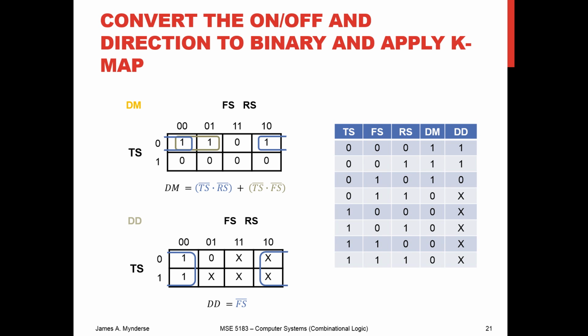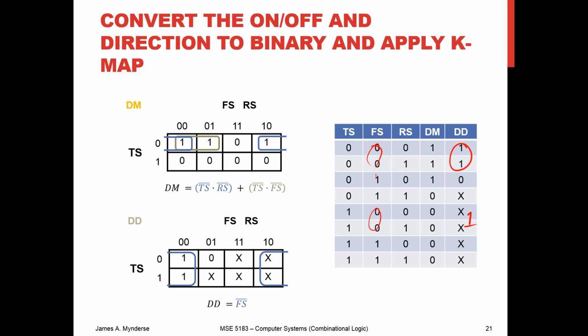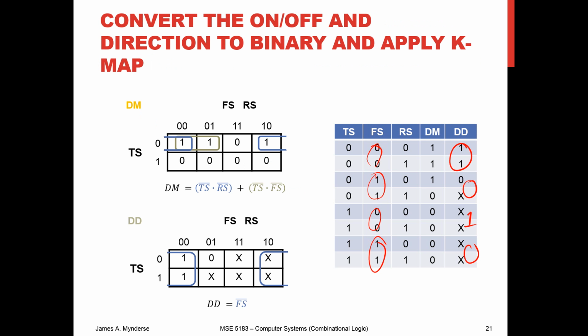Here's a 0, so we get a 1. Here's some 0s, so we get 1s. Here's some 1s, so we get 0s, and here's some 1s, so we get 0s. That's a touchy screen. You'll notice that some of the X's turn into 0s, some turn into 1s, but it doesn't matter because the motor's turned off. So that's an example of a don't care. We don't care what the actual output is going to be, it's just going to be whatever is simple.